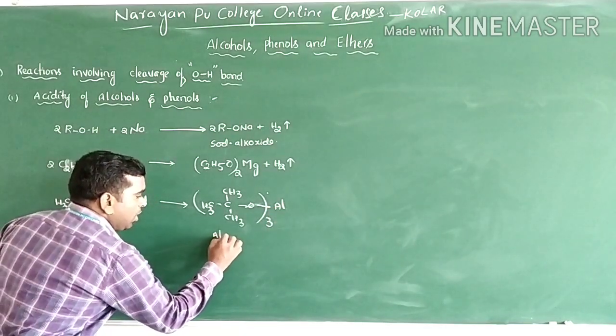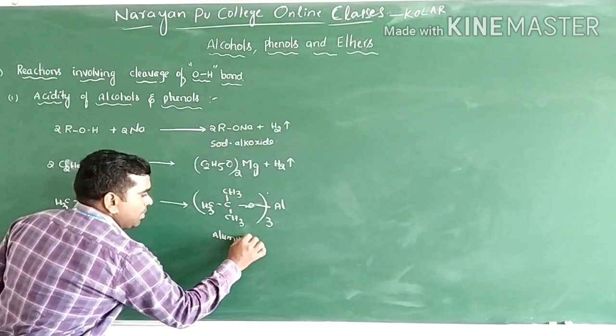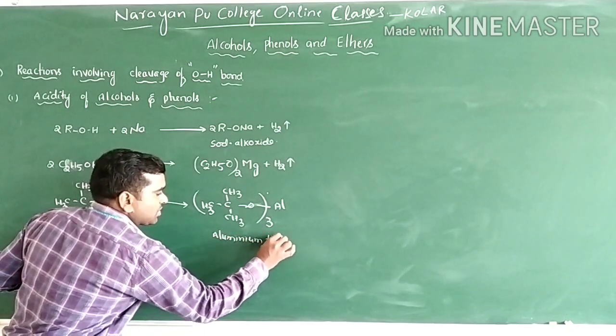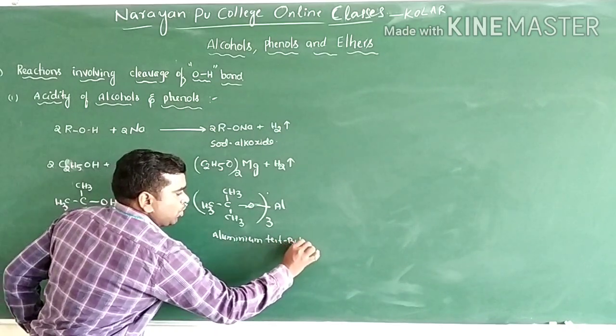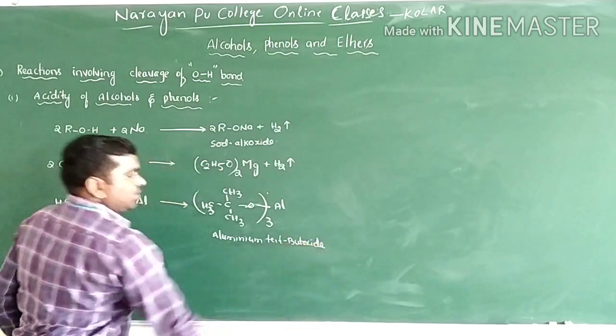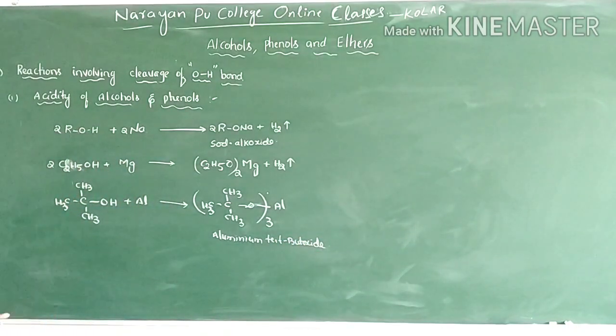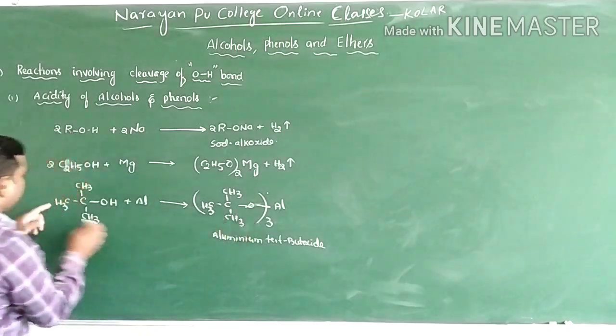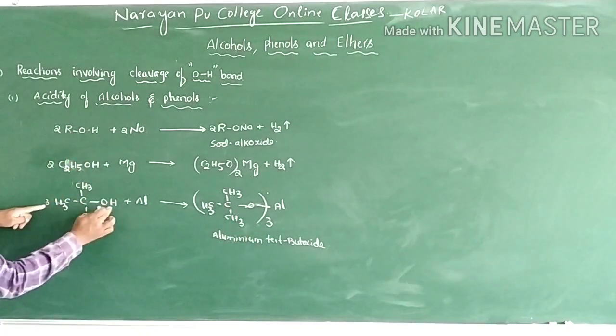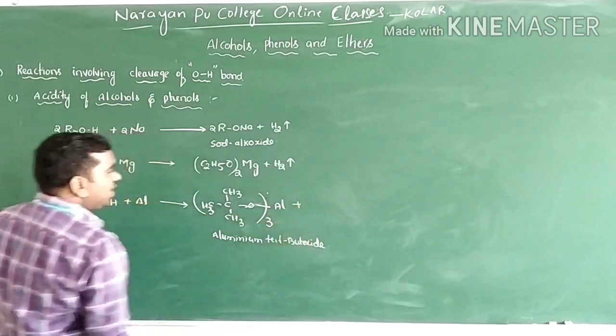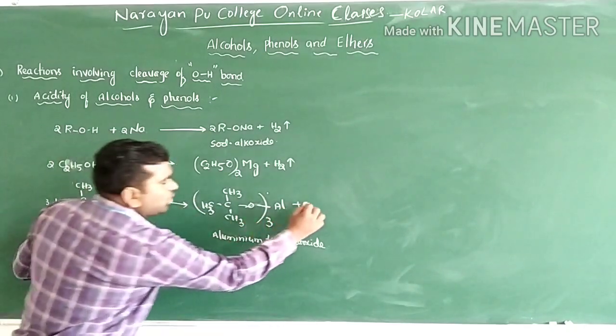The name is aluminum tertiary butoxide. Now balance here. You have to take how many moles? 3 moles. If I take 3 moles, hydrogen gas should be released.